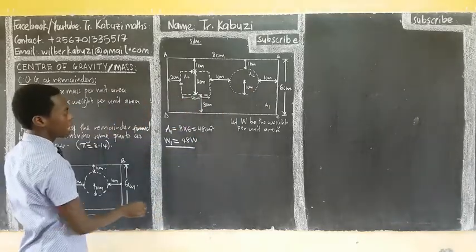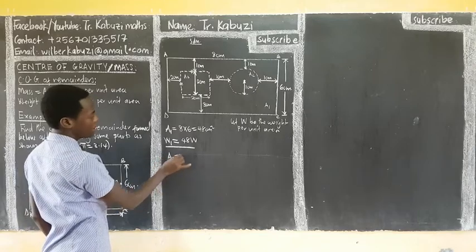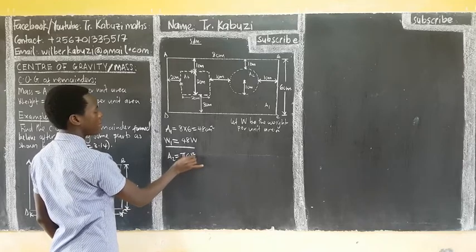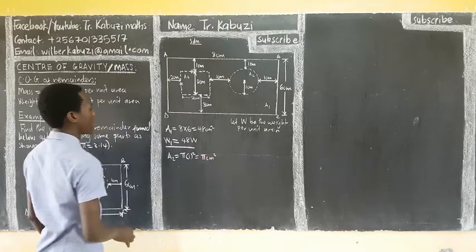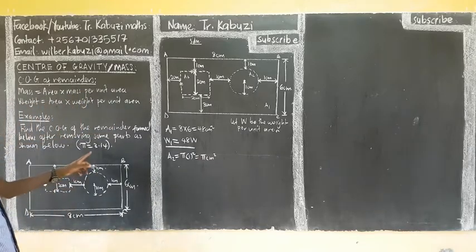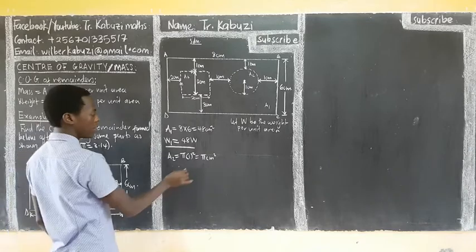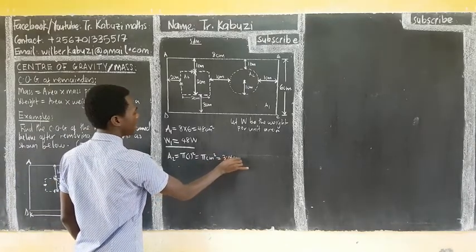And I come to area 2. My area 2 is a circle, which is pi times the radius 1 squared. That's going to be pi centimeters squared. I told you to take pi to be 3.14, which is going to be 3.14 centimeters squared.